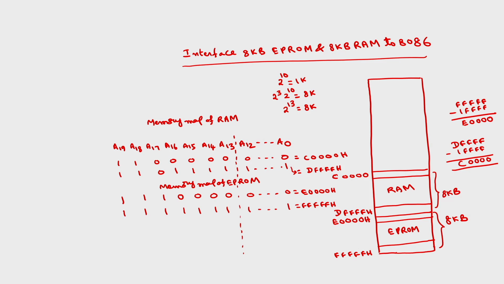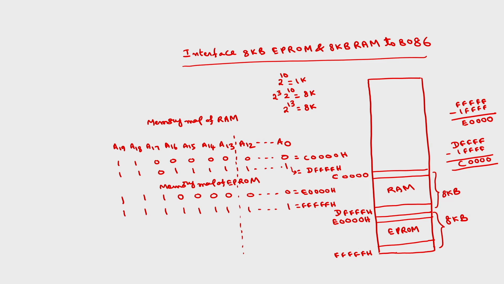So, if you observe here in this memory map, A19, A18 are 1 in all the cases. Whereas A17 to A13 is all zeros for the starting address, and for the last address A17 to A13 is 0, 1, 1, 1, 1.